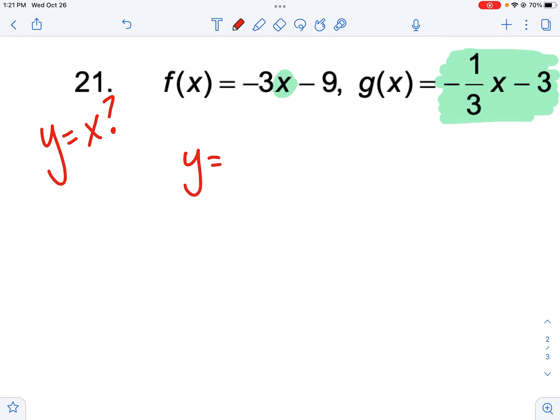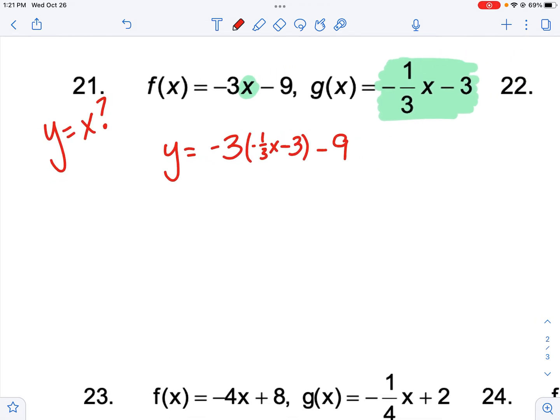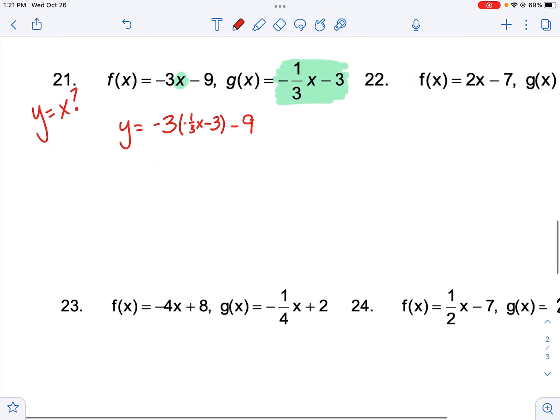So I'm going to take y equals negative 3x minus 9, but instead of x, I'm going to substitute in all of that stuff. So I'll do negative 1/3 x minus 3. That's step one. Can you substitute in the given values?